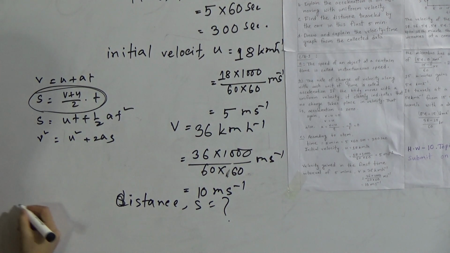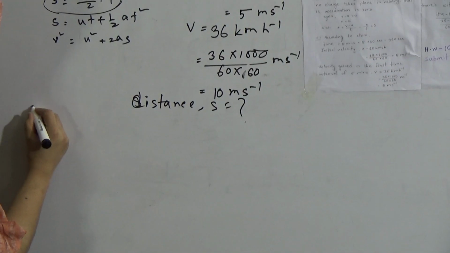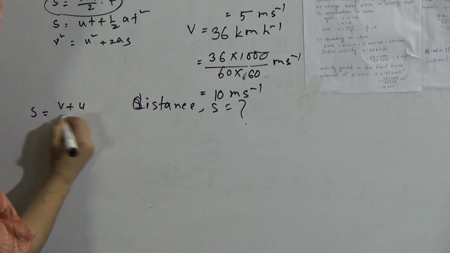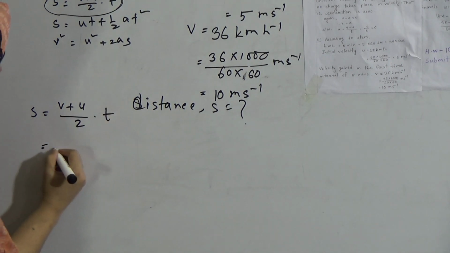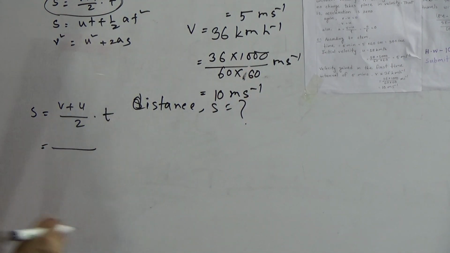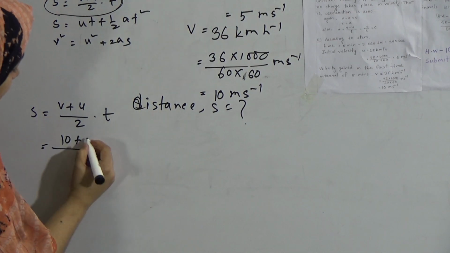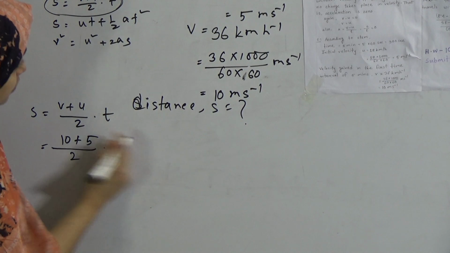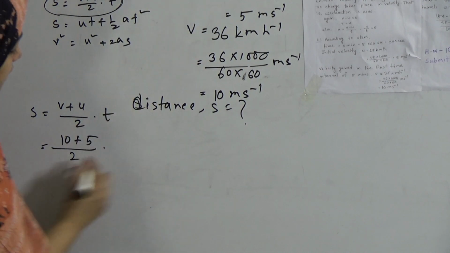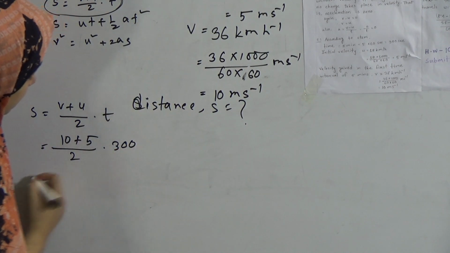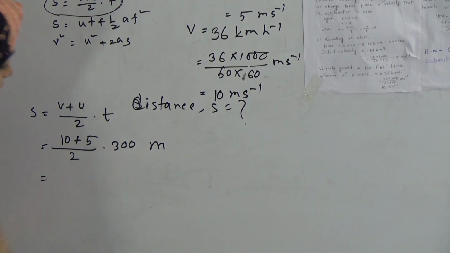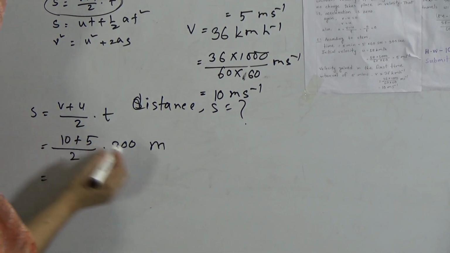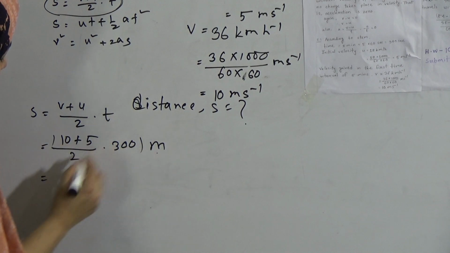Okay, so we have to write this formula: s equals (v plus u) divided by 2 into t. Here v is given 10 plus u 5 meter per second, divided by 2, into t given 300. The unit of distance is meter.